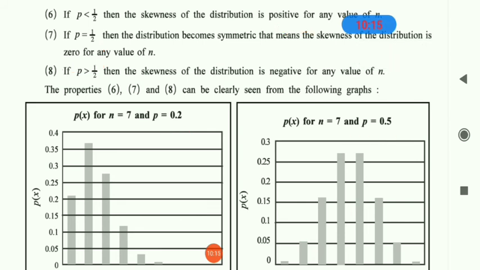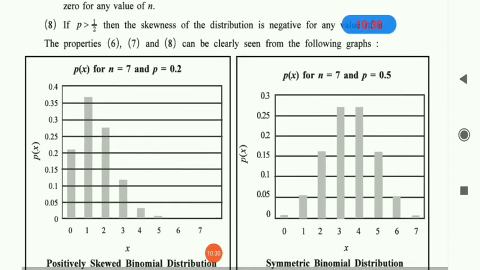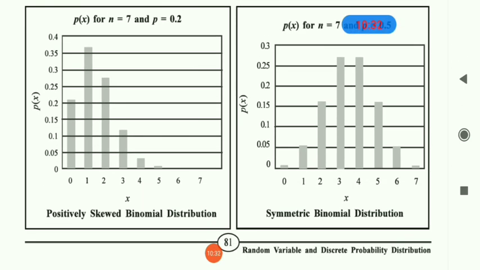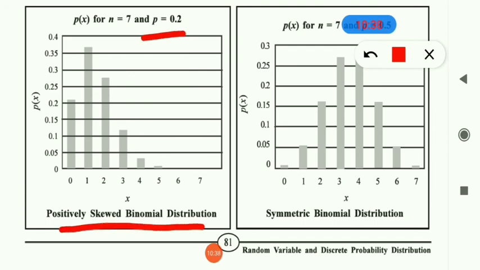And in the third case, the value of p is greater than 1 by 2, meaning greater than 0.5, then the skewness of the distribution is negative, for any value of n. Now we look at the graph so we can understand easily. Here the value of p is less than 1 by 2, so it is a positively skewed binomial distribution.